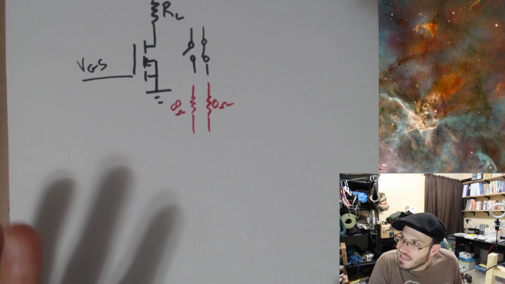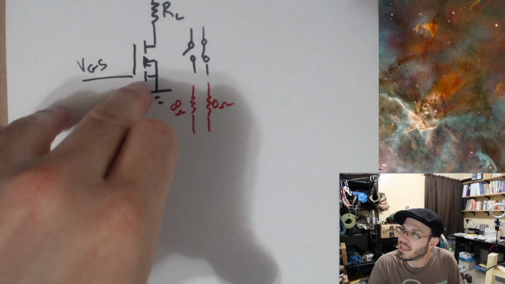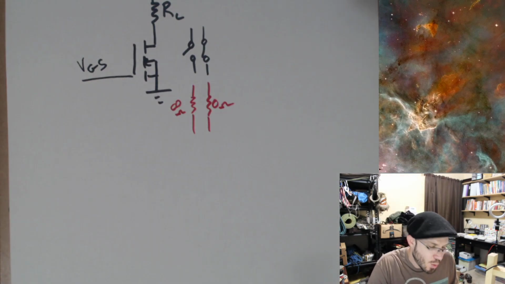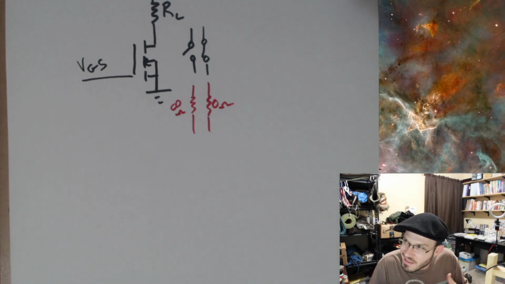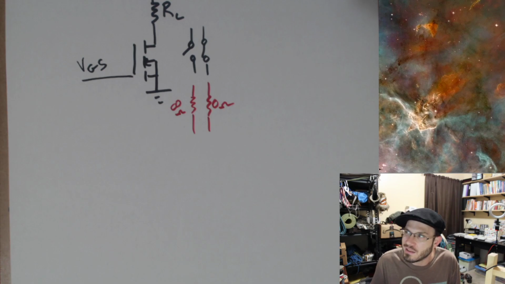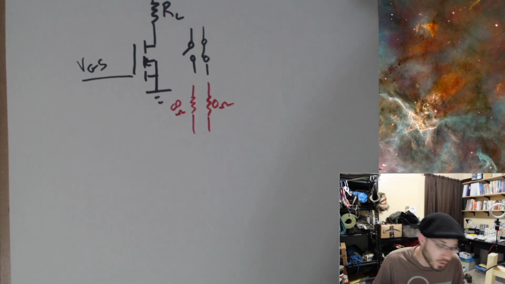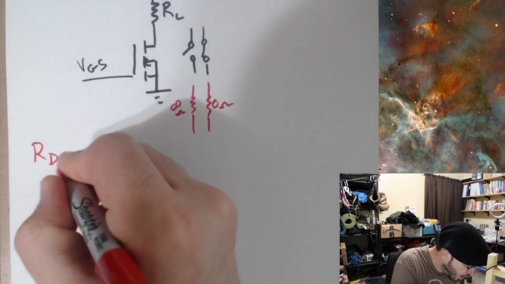So when I say this acts like a variable resistor, depending on the voltage that's applied to the input, where do I get that value from? So we have another value as well as the gate source threshold voltage, or VGS(TH), TH for threshold. We also have a value called RDS(on).